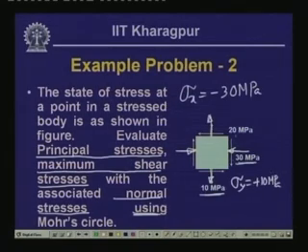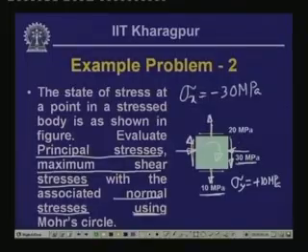Then we have the shearing stress. Now, if you note, the direction of the shearing stress is opposite to the positive y direction. Also, this particular shear along with the complementary shear on the other face is causing a rotation in the clockwise direction, which according to our sign convention is negative, because if you remember in the Mohr circle we said that the shearing stress which is causing anti-clockwise rotation is positive.